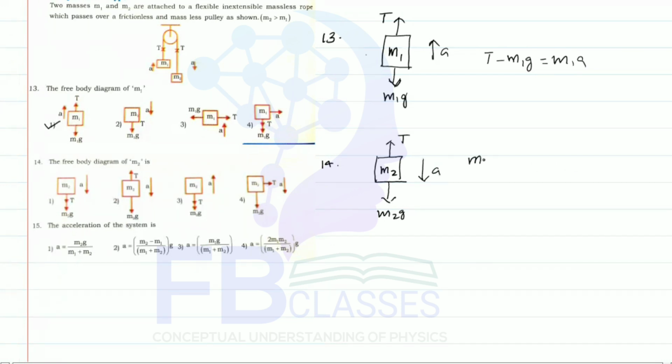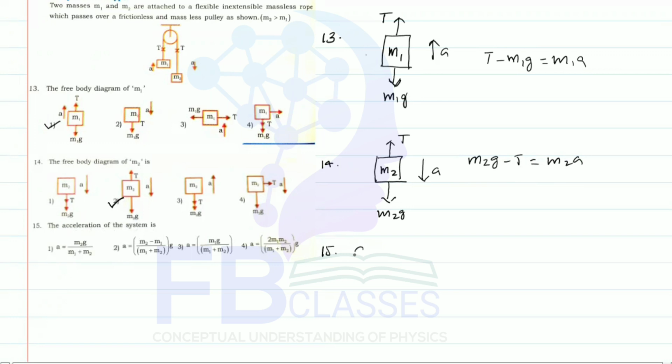So the equation will come as M2G minus T is equal to M2A. Okay, so here the diagram in the second option is the correct answer. Understand?